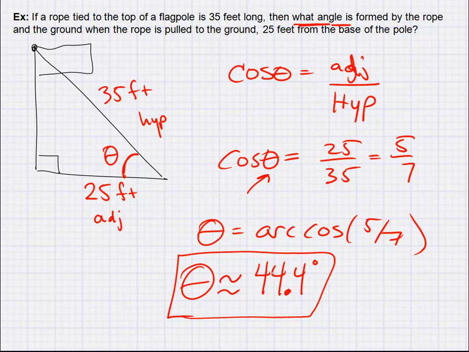So in realistic terms, this is probably the better answer. In mathematical terms, this is the better answer. In most questions, I want the exact answer, especially when I say find the exact answer. But in these word problems, again, the best answer you can give usually is the estimated answer, and I'm fine with that.